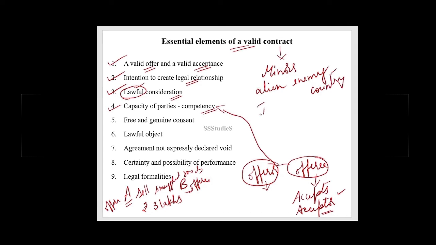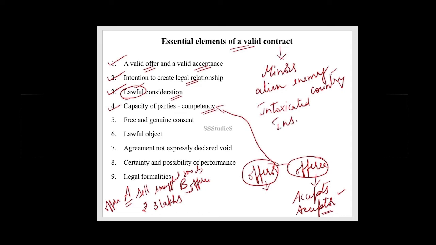Suppose the person is intoxicated to such an extent that he does not understand the terms of the contract, suppose he is drunk to an extent that he does not understand what the terms of the contract are, in that case we say that he does not have the capacity to enter into contracts.